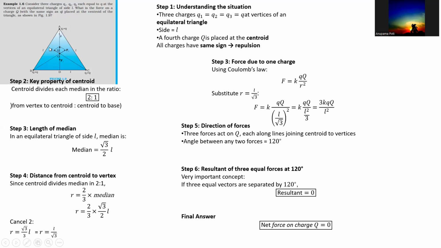If you simplify, when two forces are equal and the angle is 120, the resultant becomes the same as any one of the forces. So the resultant of F1 and F2 is F, the same as F1, but we already proved that F1, F2, F3 are all equal. So the resultant of the two forces is upward and is equal and opposite to the third force. Therefore, the net force on charge Q becomes 0.